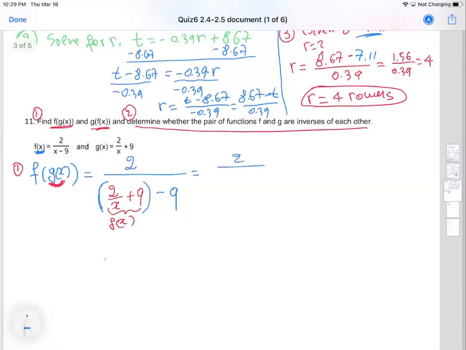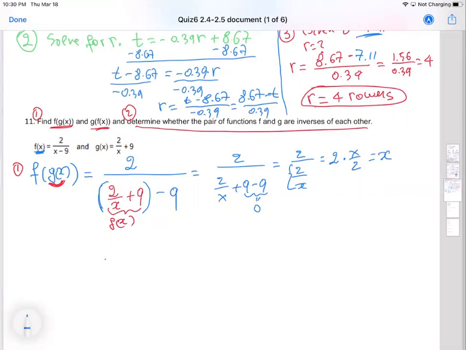Equals 2 over 2 over x plus 9 minus 9. 2 over 2 over x plus 9 minus 9 is 0. 2 times x over 2. We're dividing 2 by 2 over x, so we convert this into 2 times the reciprocal of the denominator. So this is x.